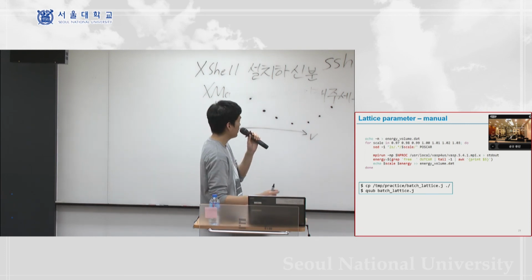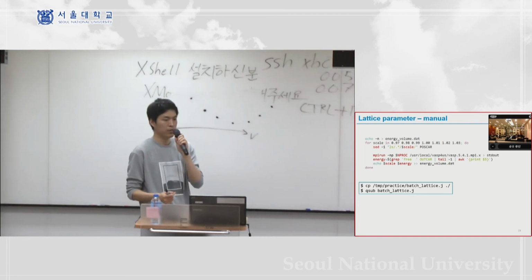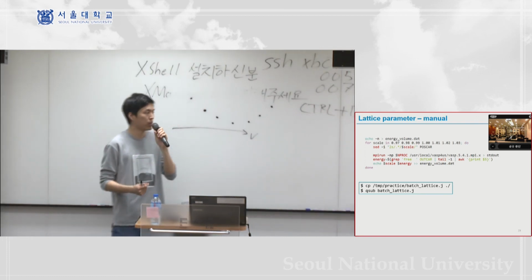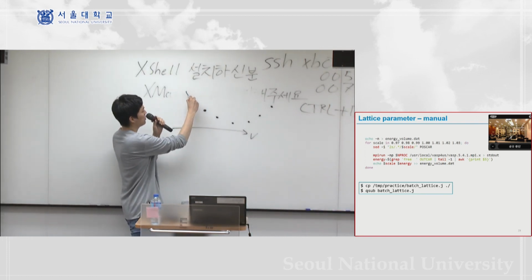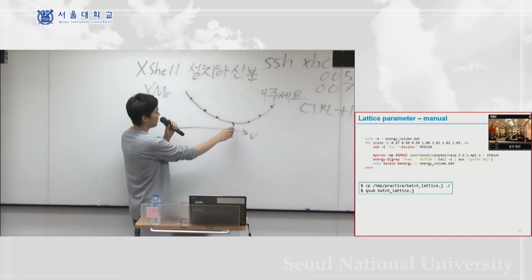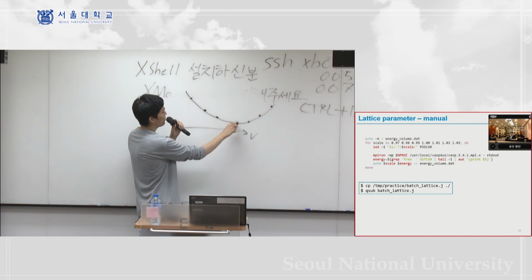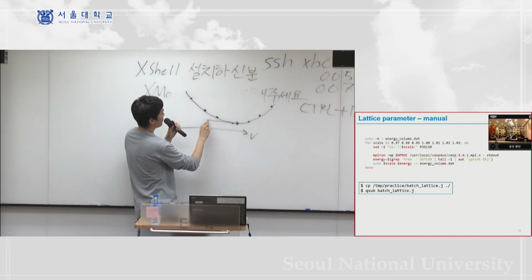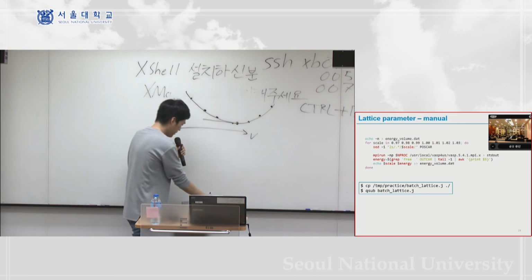If you have these data points, we can fit, for example, the Birch-Murnaghan equation onto these data points, and then obtain the equilibrium lattice parameter and the energy at that equilibrium lattice parameter.